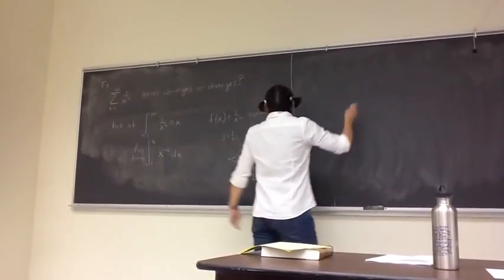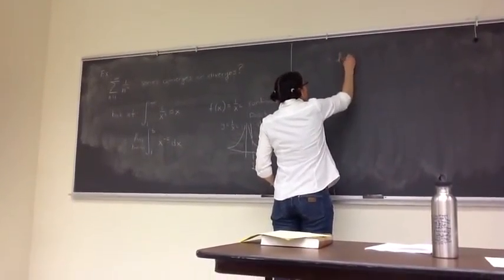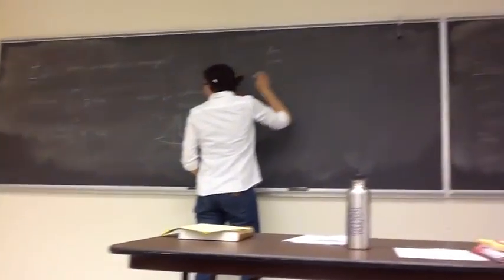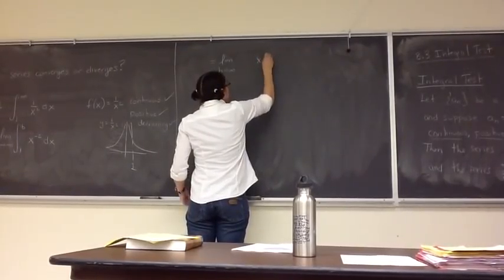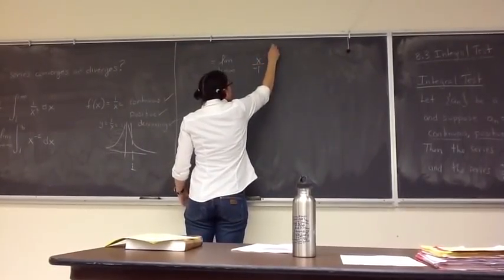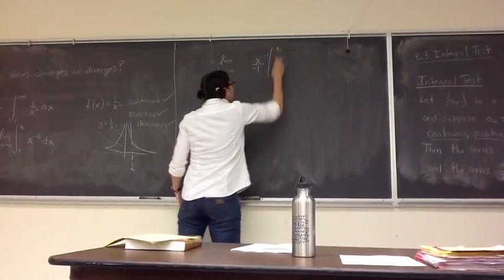Okay, so now we've got this limit as b goes to infinity, and we can take our antiderivative, so we will add 1 to the power and divide by that new power and evaluate between 1 and b.